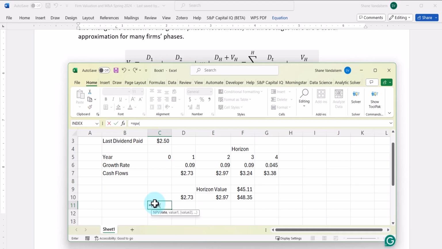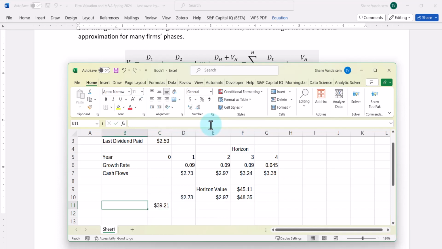The rate is going to be my discount rate, my required rate of return, which in this case is 12%. Then I'm going to put a comma and highlight my 3 values here, the last one being the dividend at time 3 plus the horizon value at time 3, and those together are 48.35. Close parentheses and then enter.